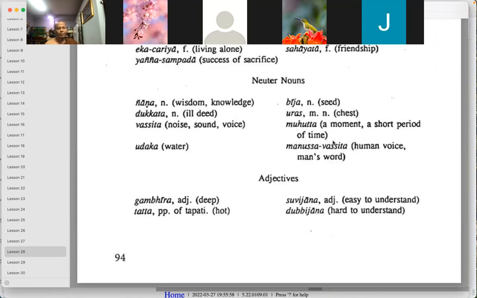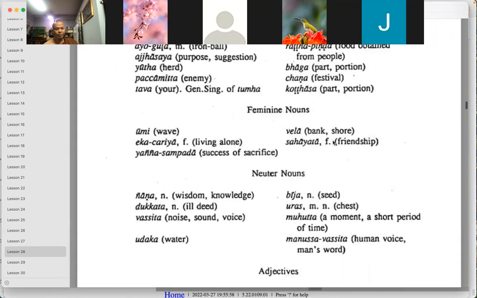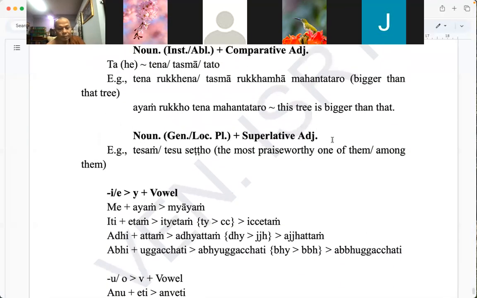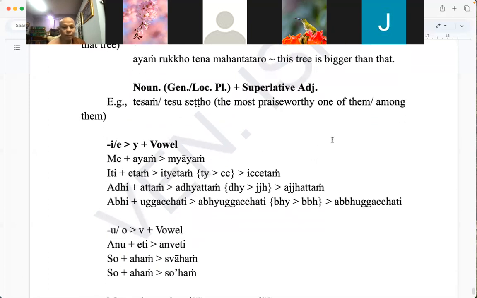Excuse me, Bhante. For the euphonic combinations, could Bhante please kindly note the meaning? Euphonic combinations are words that cannot be translated because they are not related in meaning, only joined by sound. For example, here, me and ayam: me may mean to me, dative or genitive, and ayam means this.